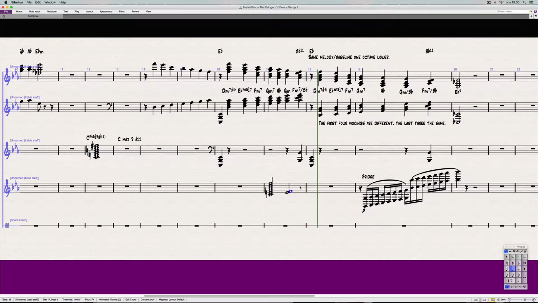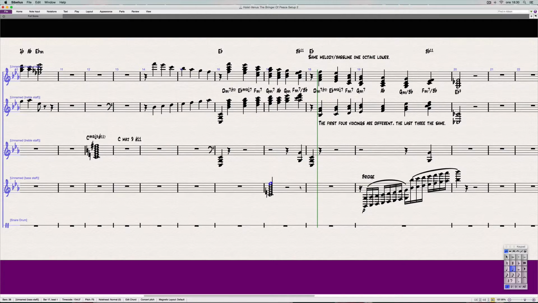So the solution that people came up with, because theoretically this is the way an 11th chord should be, because you stack thirds, and you have to have all the notes in order to call it the 11th here.